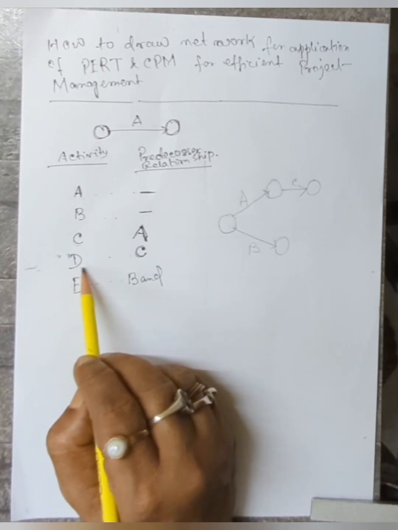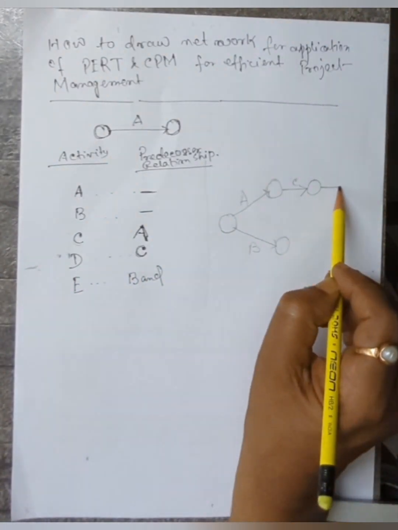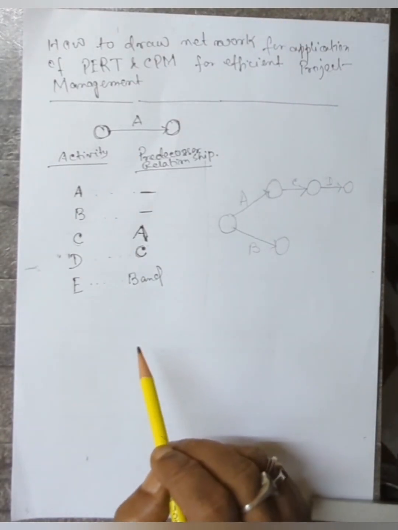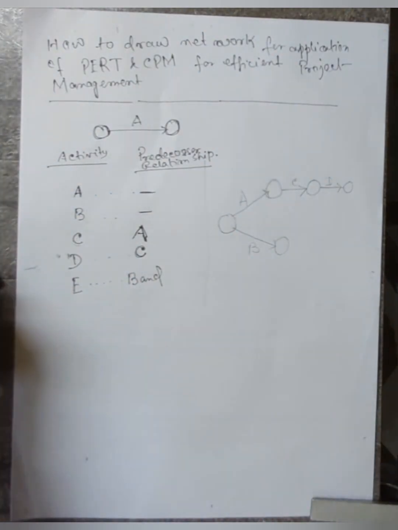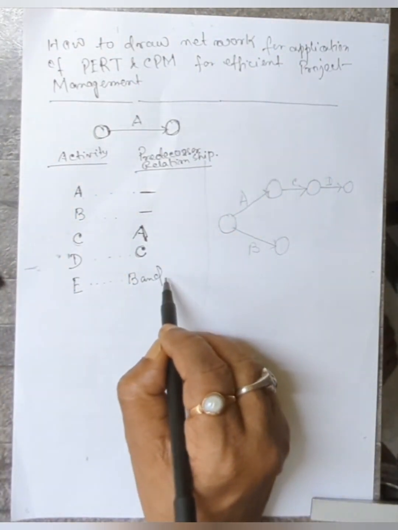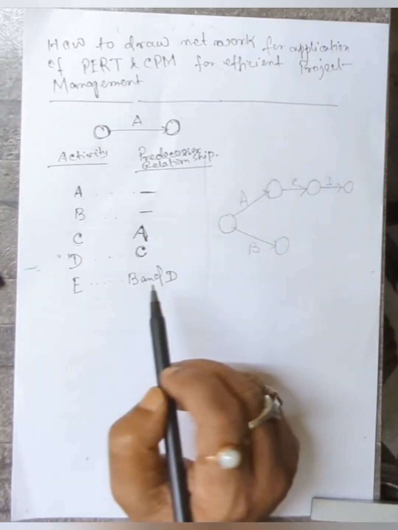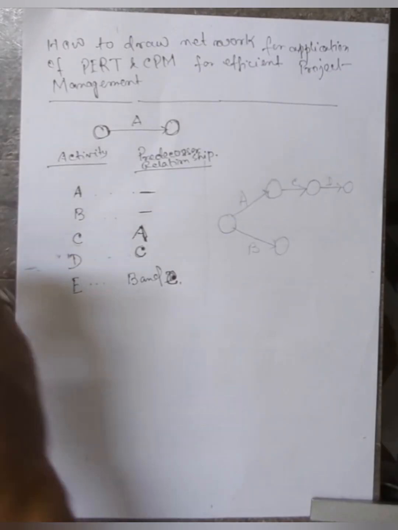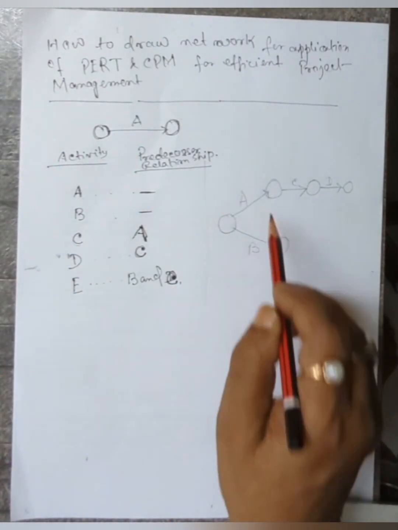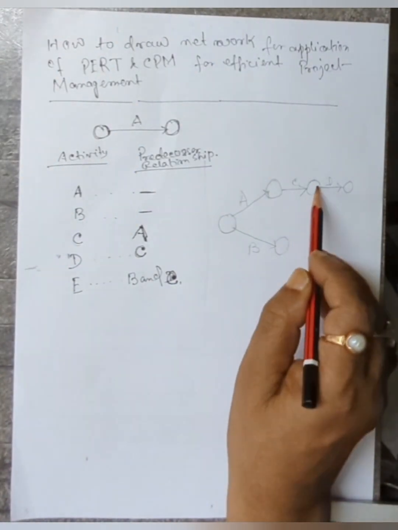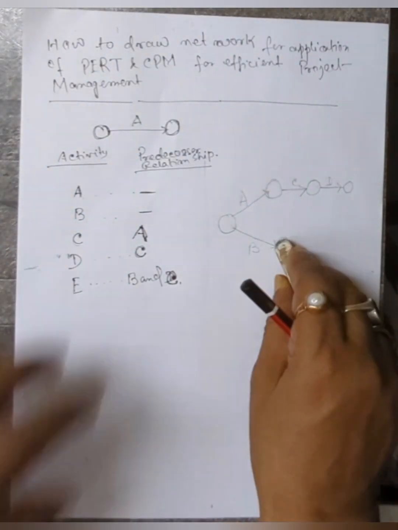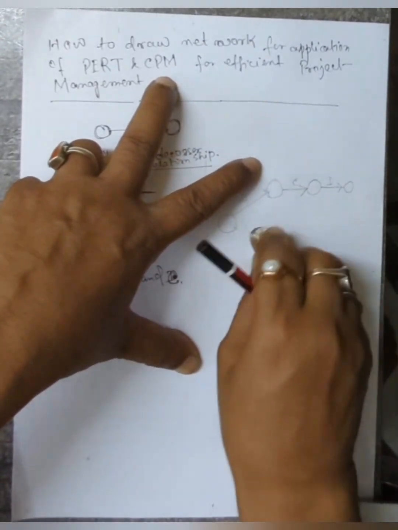D can start after completion of C. That means this is D activity, can be started after completion of C. E can start only after completion of B and C. That means after completing B and C, you can start E. That means it looks like that the network will be like this.